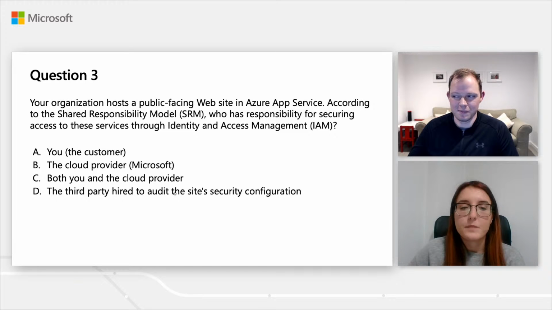So let's see, the option D. Maybe I would say it's true. What do you think? So I think the point here is that if we hired a third party to audit the security of our site, they would probably be responsible for letting us know that potentially the identity and access is weak and open, but it's not their responsibility to secure it and to implement it, right?